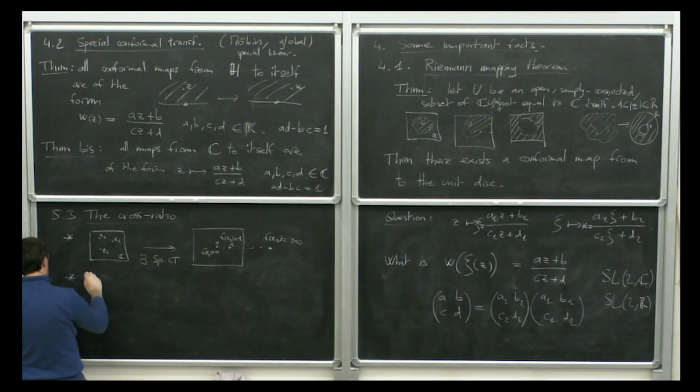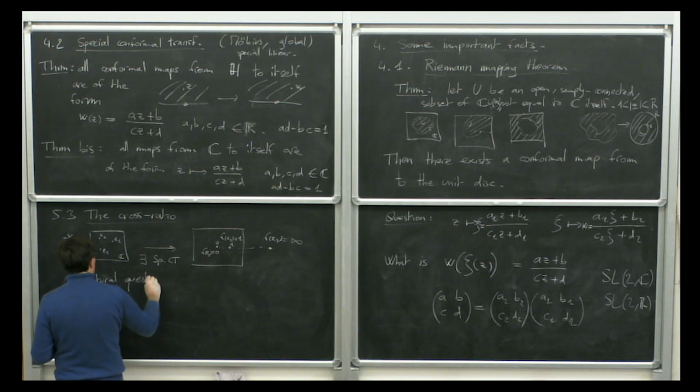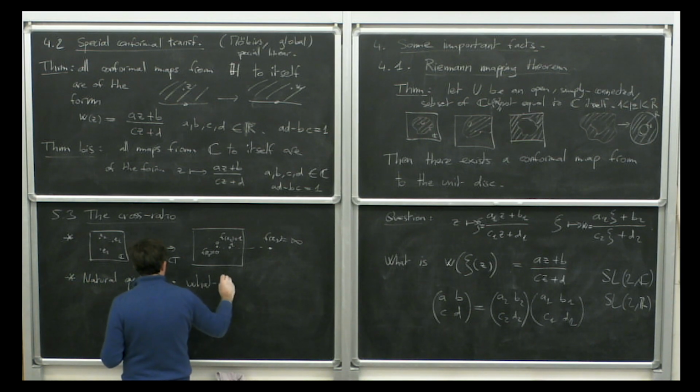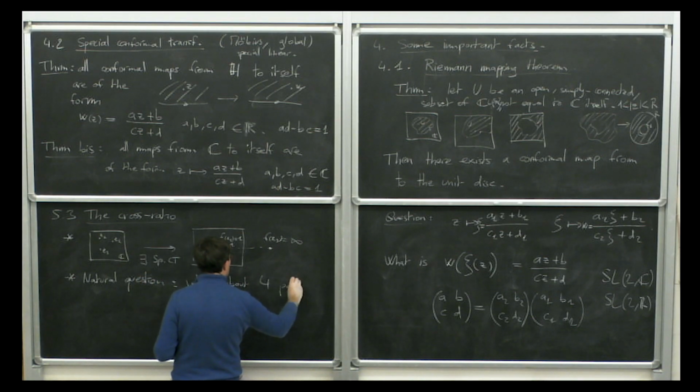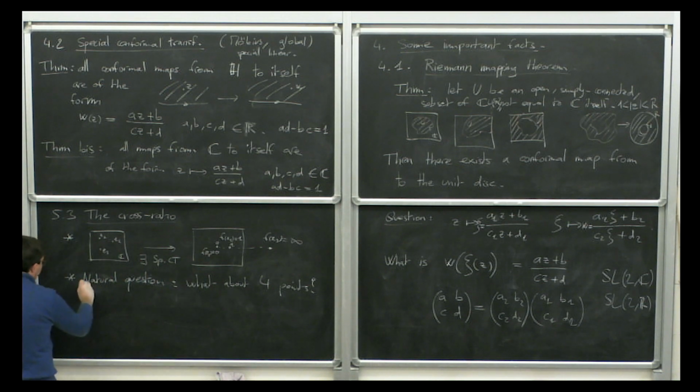But now the natural question that we want to ask next is, what about 4 points? So if we have 4 points, let me relabel those as Z2, Z3, Z4.